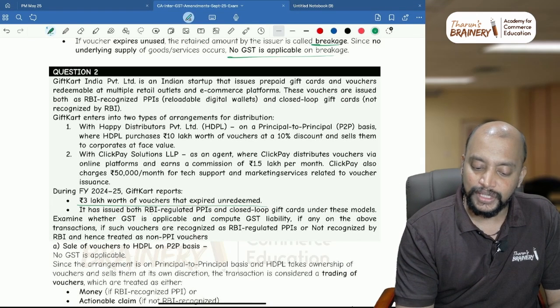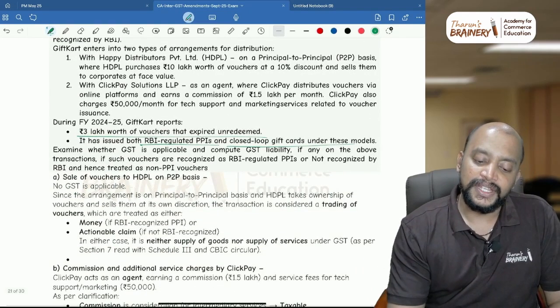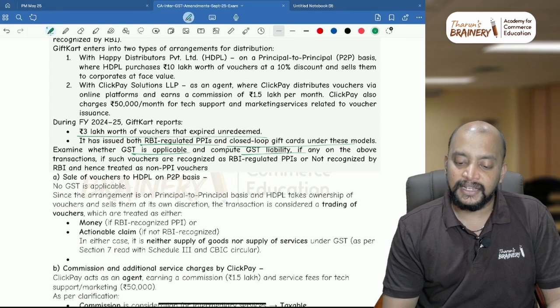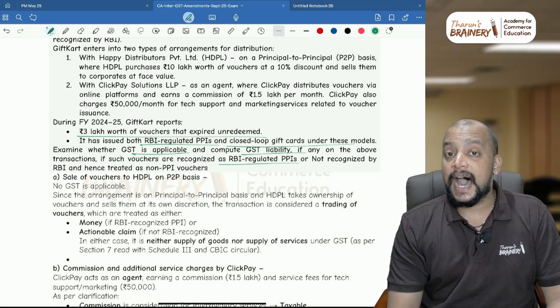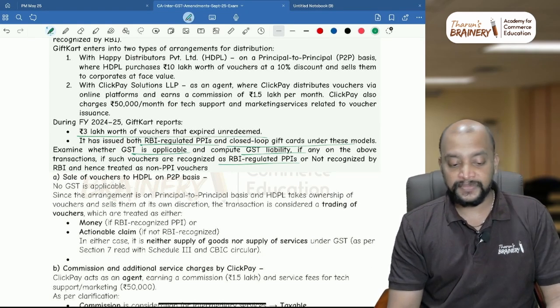It has issued both RBI regulated PPIs and closed loop gift cards under these models. Examine whether GST is applicable and compute GST liability, if any, on the above transactions if such vouchers are recognized as RBI regulated prepaid instruments or not recognized as RBI.